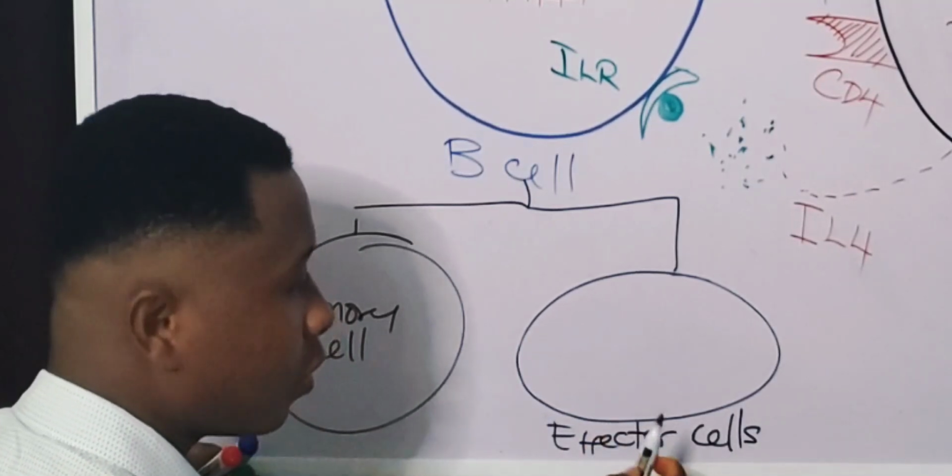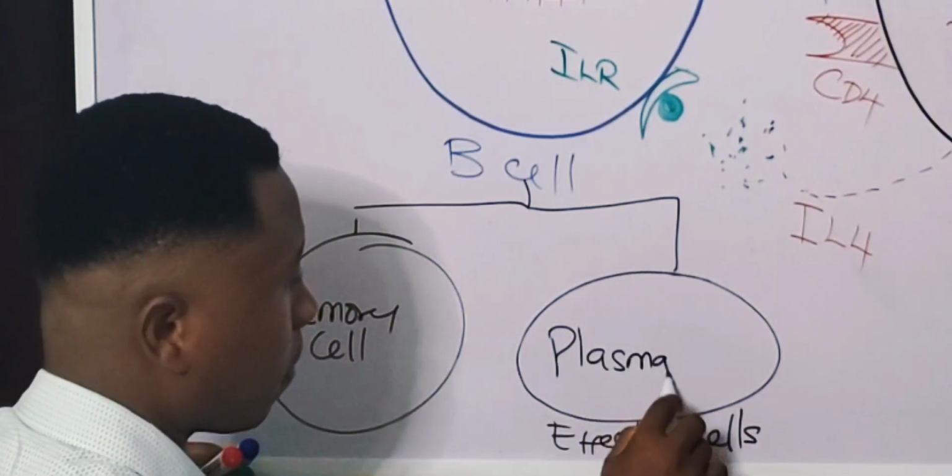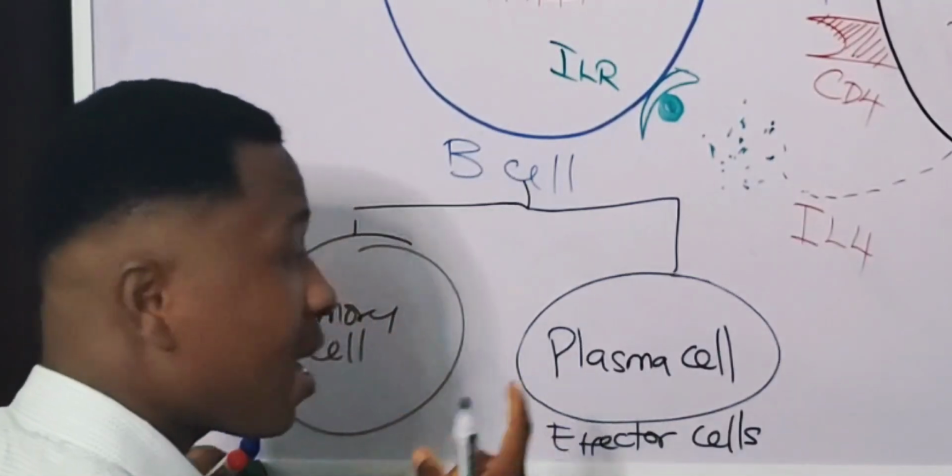If you don't call it effector cell, you call it the plasma cell. So the antibody is actually produced by the plasma cell.